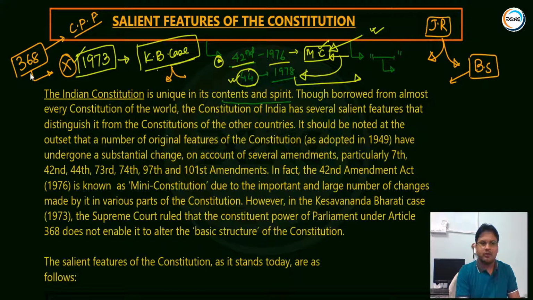Okay, the Parliament with the use of Article 368 cannot change those basic structures like fundamental rights, like federal model, like President, Supreme Court. So these are the features. Supreme Court, although not defined कि basic structure में कौन कौन से features आएंगे, rather it actually checks over the constituent powers of the Parliament. So Kesavananda Bharati case is the important landmark judgment. In this case basic structure define किया गया था.